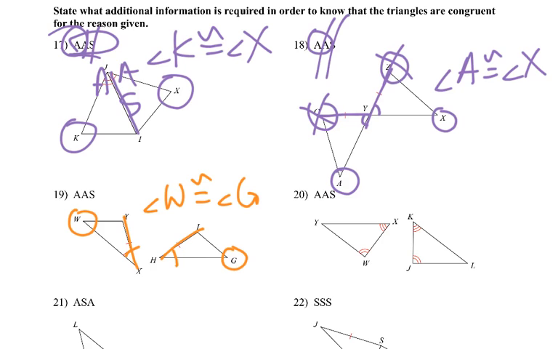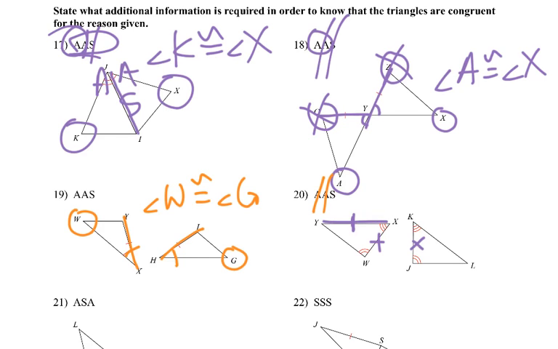Okay, now in 20, we've got two angles. Now here's where there's an option. But you've got to make sure you do it right depending on the triangle. I know it can't be in between the two angles, or else it would be angle, side, angle. So it can either be this side YX, and which one would that work with?